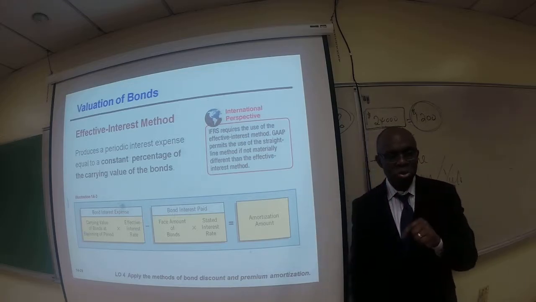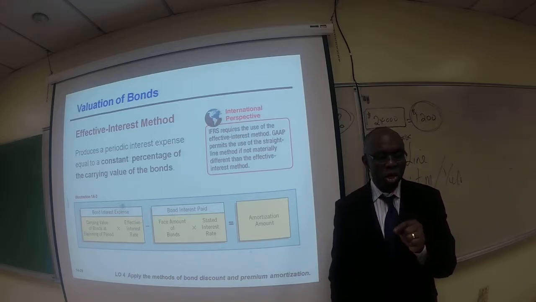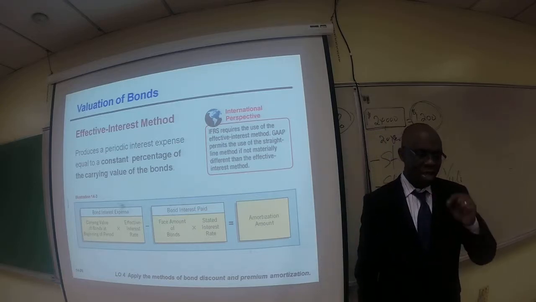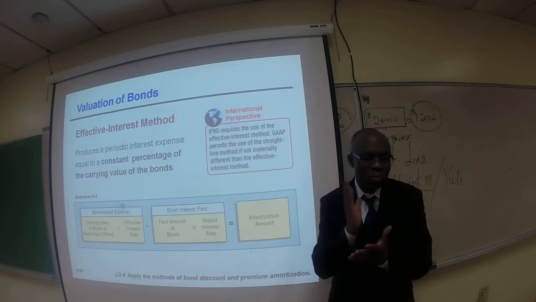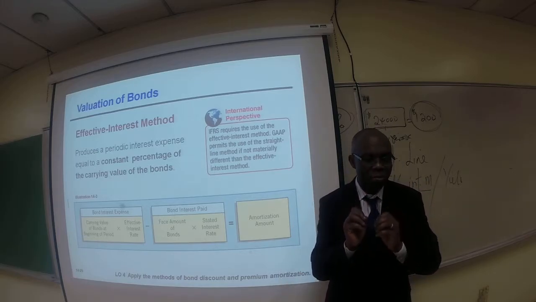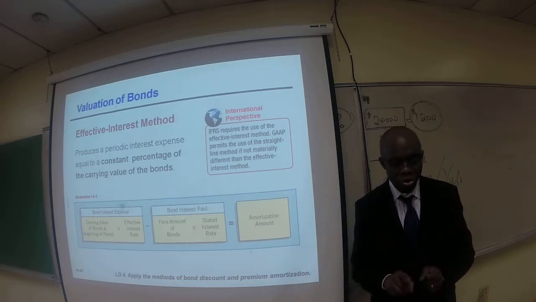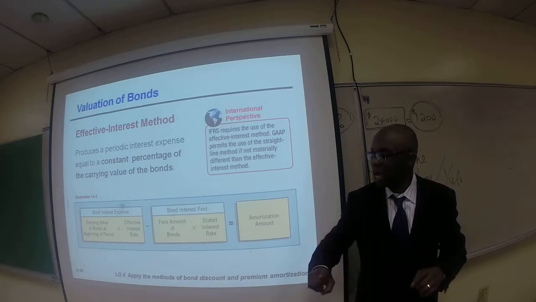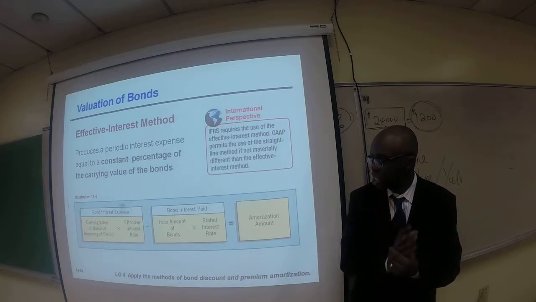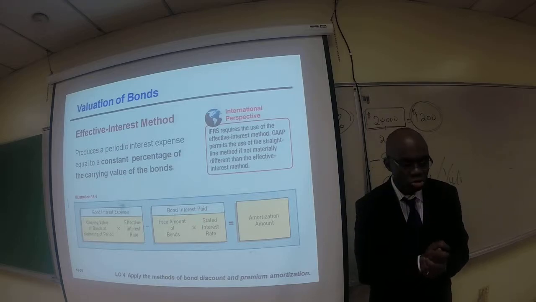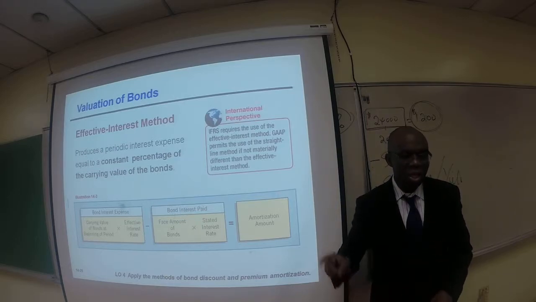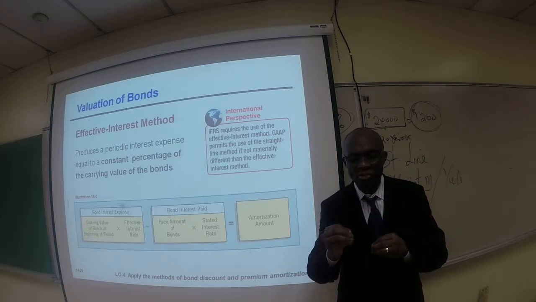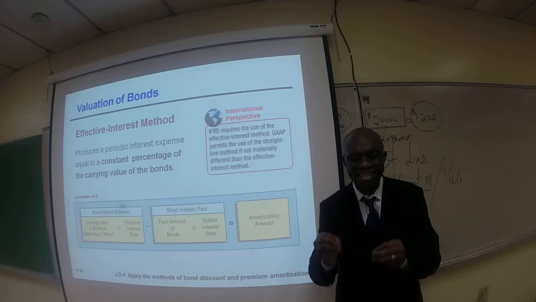We said it produces a periodic interest expense equal to a constant percentage of the carrying value of the bonds. What does that mean? That means we are going to multiply the carrying value of the bond at the beginning of the period by the effective interest rate. That is how we calculate the interest expense. As you know, the cash interest payment is calculated based on the face value or par value multiplied by the stated interest rate.